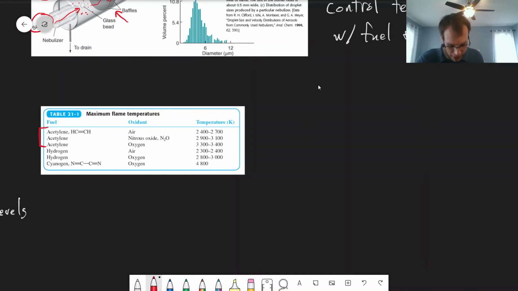So the most common oxidant, the one that we generally use, is air. And that gives us a flame temperature of 2400 to 2700 Kelvin. If we need to go to a higher temperature, we can use nitrous oxide, N2O, to give us a higher temperature, so 2900 to 3100. It gives us a few hundred more Kelvin.